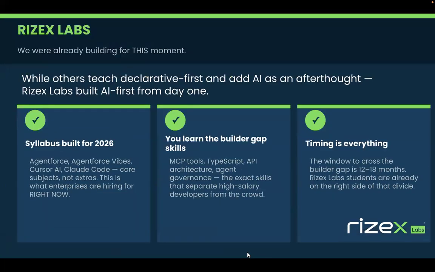Now the most important thing: AI is not the future. AI is already here. The only question is, are you using AI, or are you getting replaced by it? The Salesforce ecosystem is changing very fast. In the next 12 to 18 months, this is extremely important for developers.